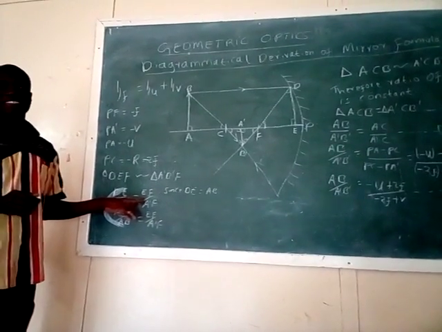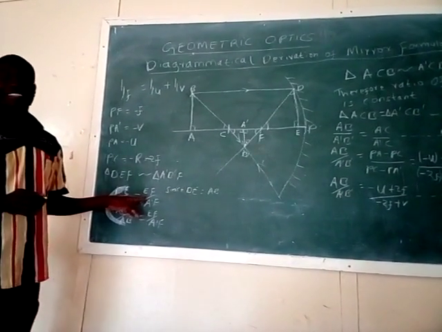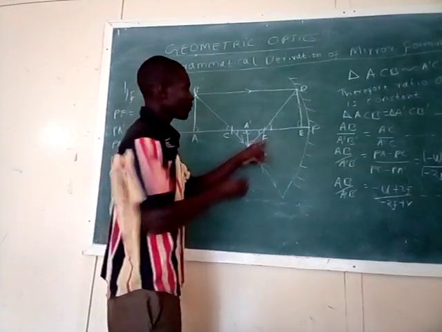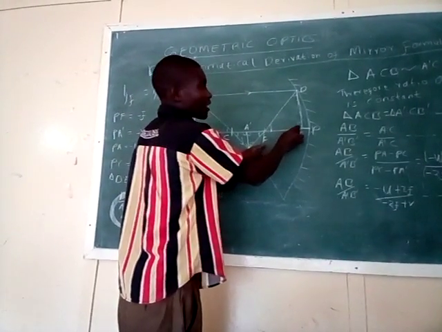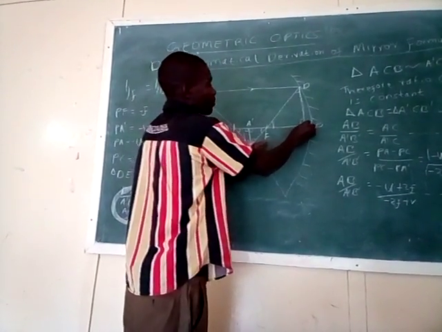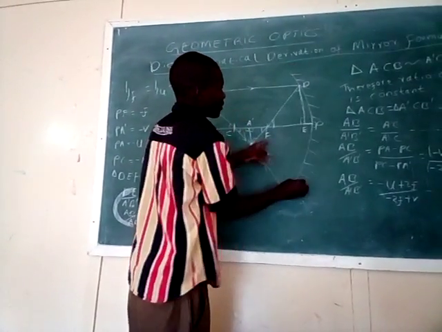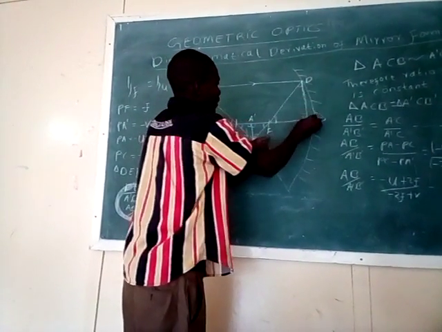Are you seeing something? Instead of EF, we write PF. Because there is a small aperture, you see this one is curved. That's why we are going to take it this way.